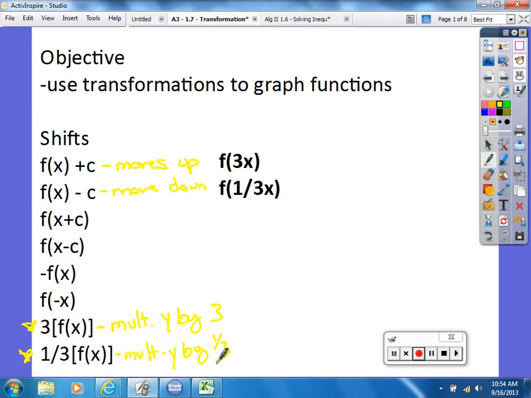It stretches vertically. So both of those stretch vertically. The top one actually stretches up, where the bottom one kind of shrinks it down instead.